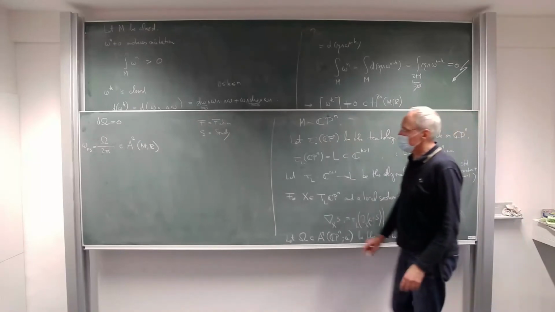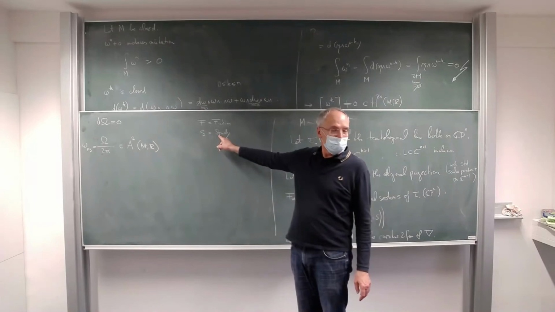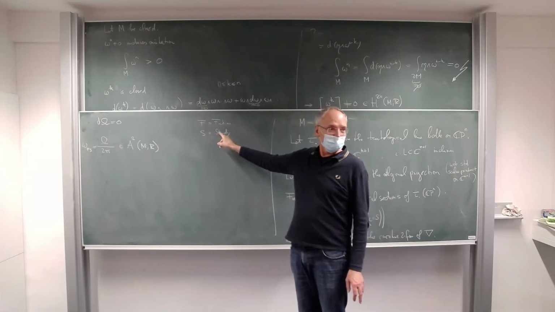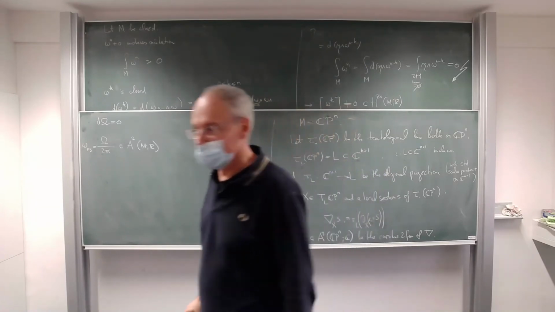And very often in talks, you hear people mispronounce this name and call it "study." This has nothing to do with study. It's Study, a German mathematician, after whom this is named.